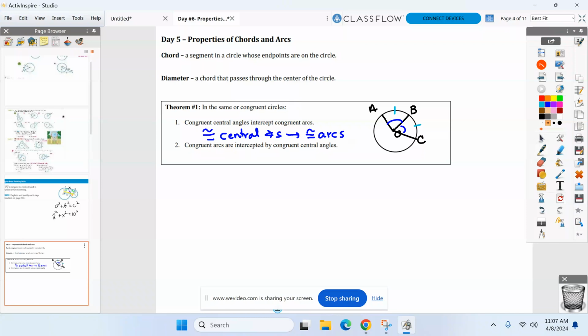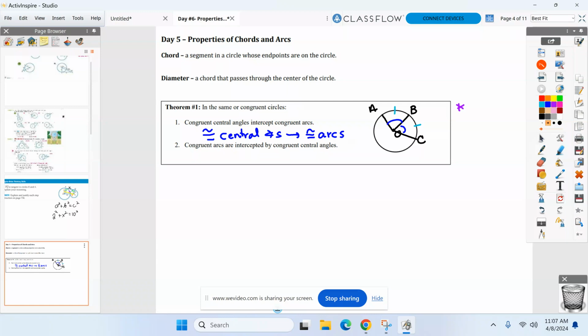Before we go on to theorem number 2, can you make a little note next to theorem number 1? Central angles aren't the only type of angles you know about in a circle. What's the only other? There's another type. You have central angles, and you also have inscribed. So just make a note. I don't want to do a separate theorem for this, but these 2 could also apply to inscribed.